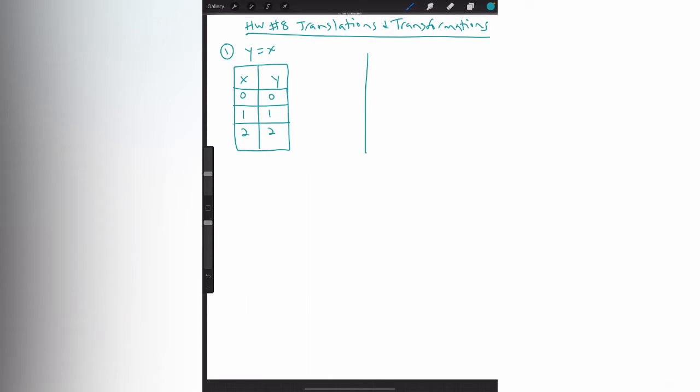So if I were to graph y equals x, let me see if I can make that line a little better. I'll make it straight. All right, and then I'll draw another line this way, straighten that up. I'm going to label, this is my x-axis, this is my y-axis. I'm going to plot the points that I have here. I have 0, 0. I have 1, 1.